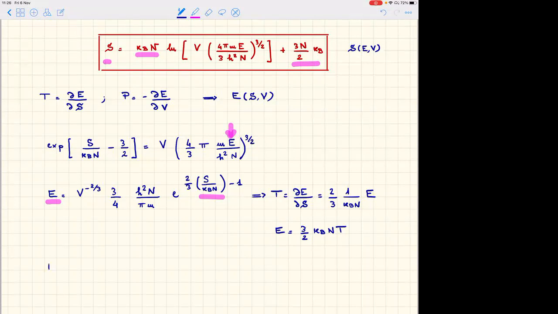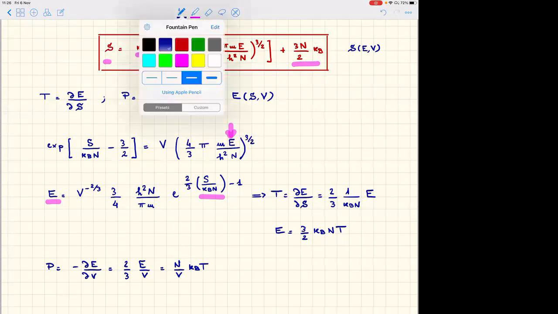Now I can compute the pressure, which is minus dE/dV. This is equal to 2/3 E over V. And this is N over V K Boltzmann times T. Right? Because I substituted the expression for the energy that I found before.